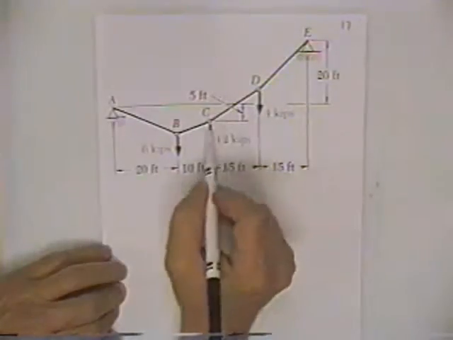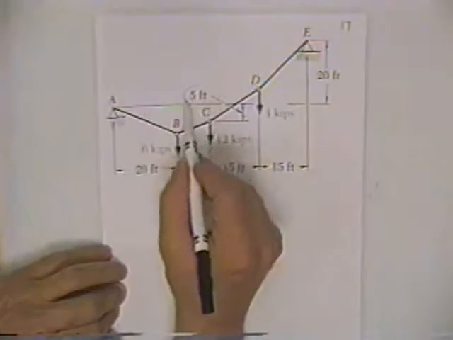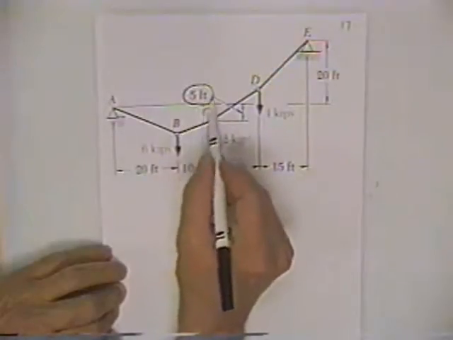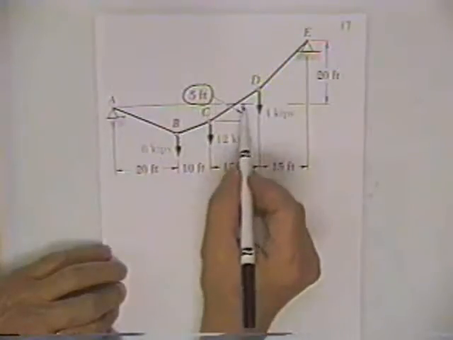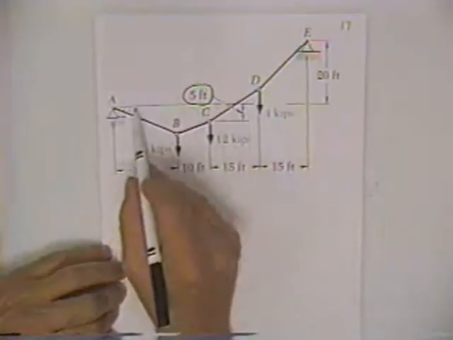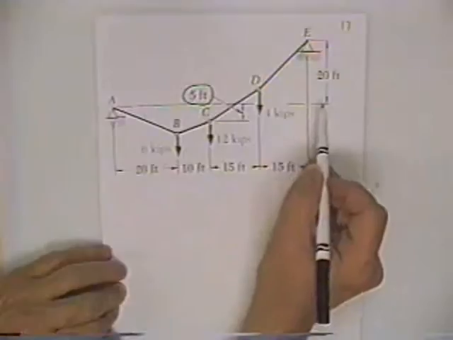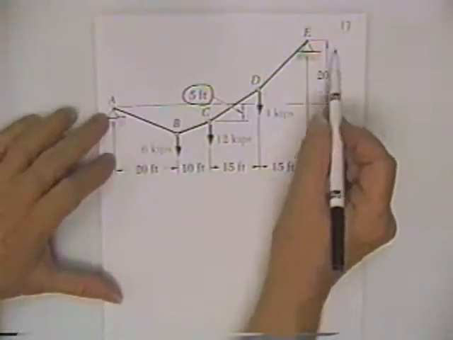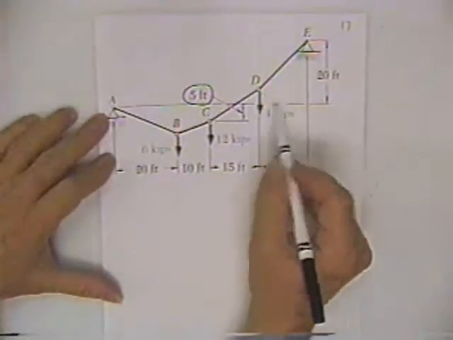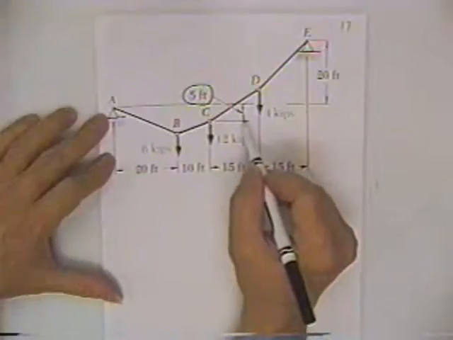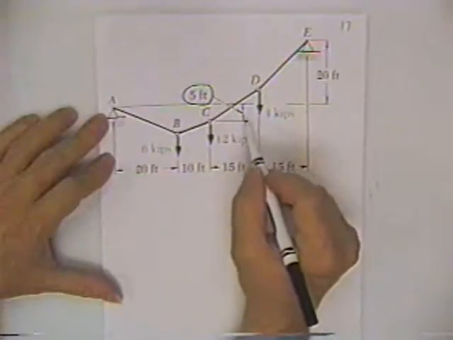So you will have to be given one of these elevations. You'll have to know how far it is with reference to A and with reference to E. They'll also have to tell you how high E is above A. But one of these will have to be known in order to solve the problem, otherwise you can't solve the problem.